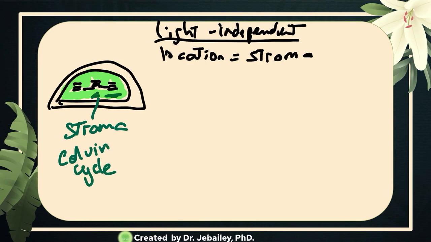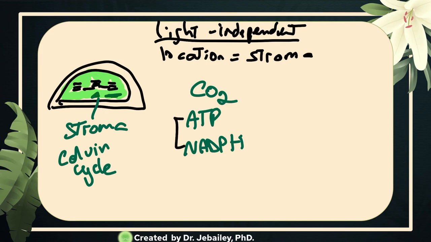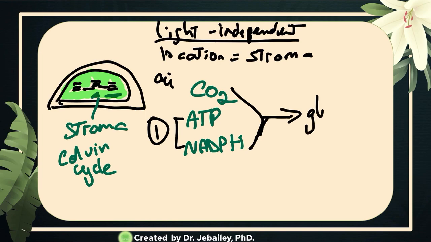Now, for the Calvin cycle, what do we need? Now we need the CO2, we need the ATP, and the NADPH. Now, just to be clear, these 2 came from the first reaction. And CO2 came from what? Came from the air. So they come together, the 3 of them, and they're going to produce what?